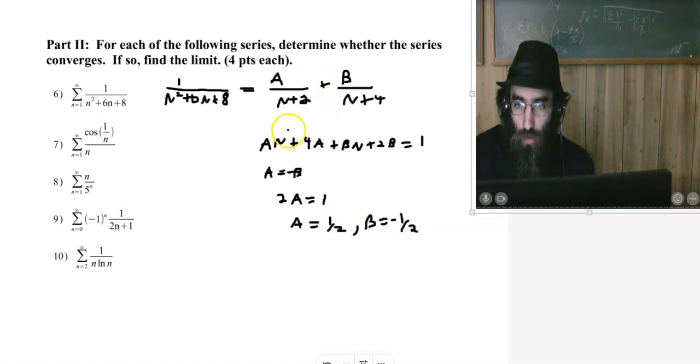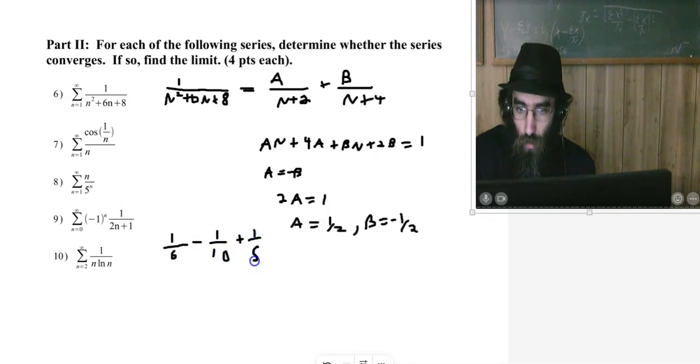Now, if we try writing these out, for n equals 1, 1/2 over 3, so we get 1/6 minus 1/2 over 5, 1/10. N equals 2: 1/8 minus 1/12.